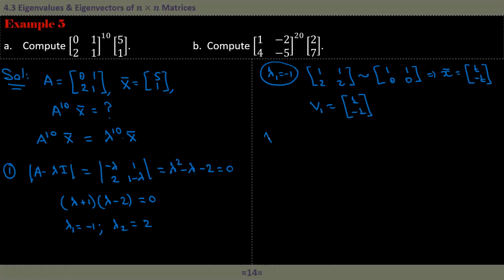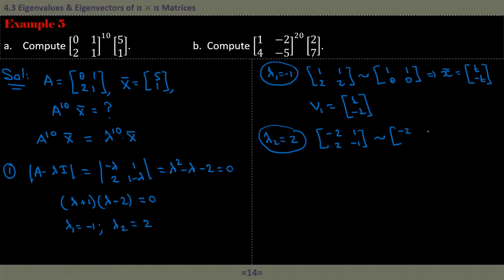The second case, lambda 2 equals 2. Substituting this value into this matrix, because we are solving the homogeneous system, we have [negative 2, 1; 2, 1 minus 2, that is minus 1]. If you multiply the first row by 1 and add it to the second row, we get [minus 2, 1; 0, 0].